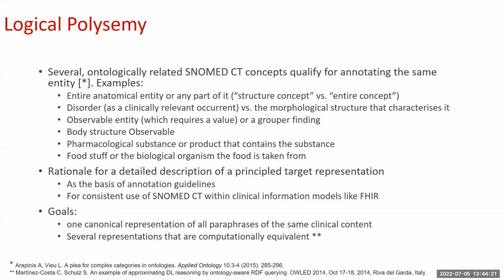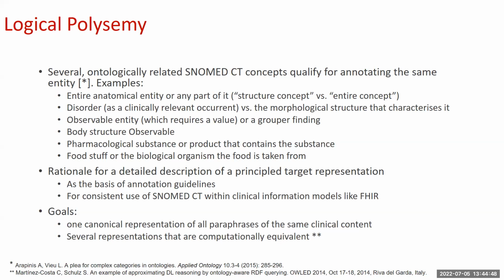But we need certain guidance for a detailed description of such a principled target representation. Yeah? Especially if we want to use SNOMED consistently within clinical information models. Yeah? Because what we really want is to identify that two things mean the same, even if they are perhaps structurally different.